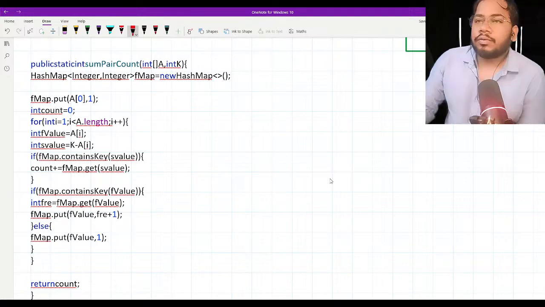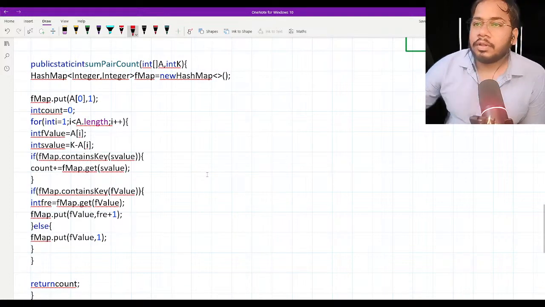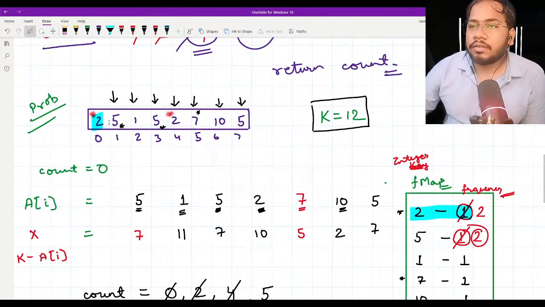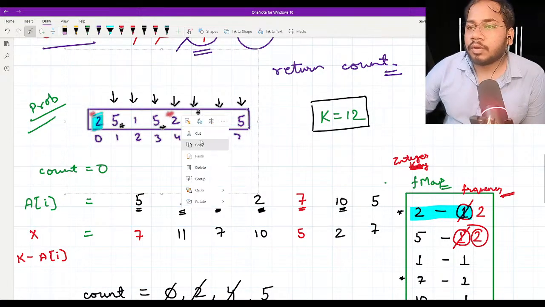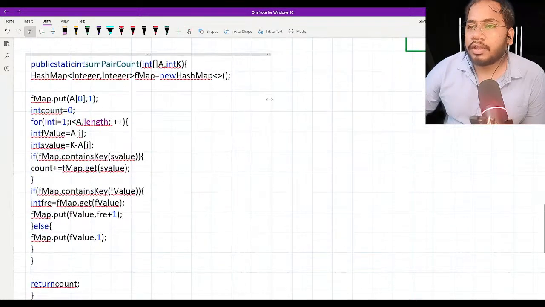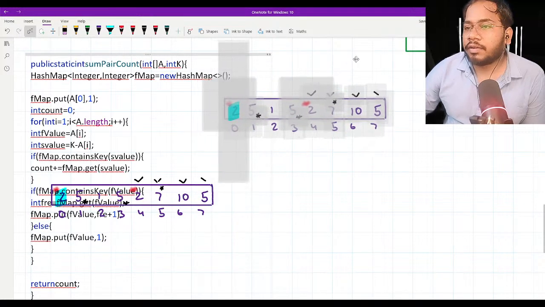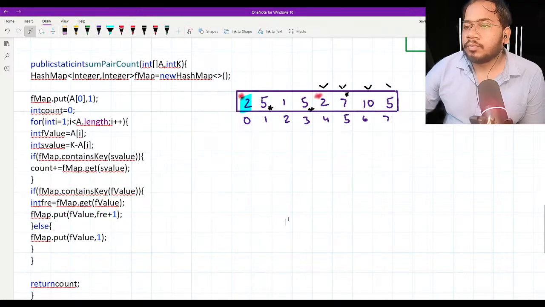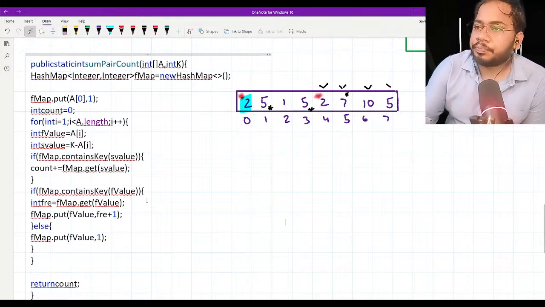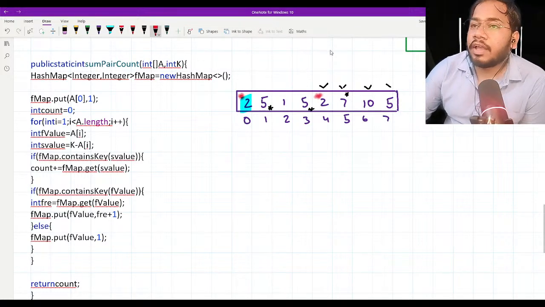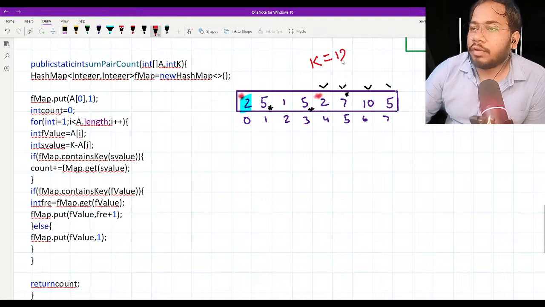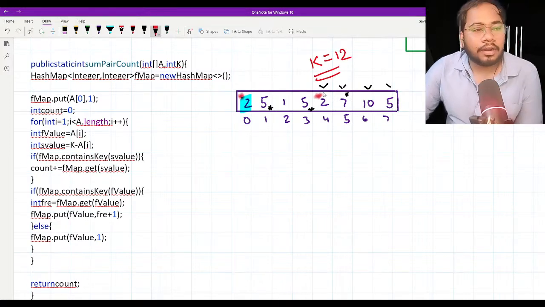Okay, so this is what we have. Let's take the array as well. This is our array. Okay, copied the array and pasted it here. Done. And let's take the k value as 12 only, because we have understood the problem with that.